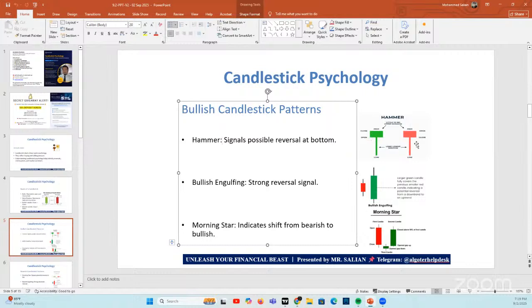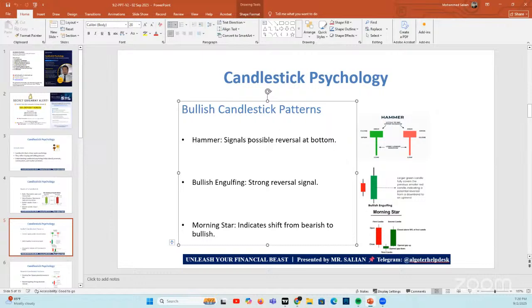It could be red or green. By the look of the candle, it looks like a hammer. That's why it's called a hammer. There's the handle and there's a very short body forming a hammer.